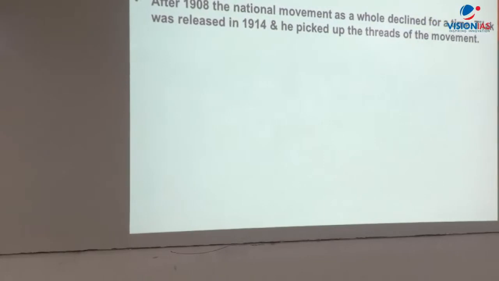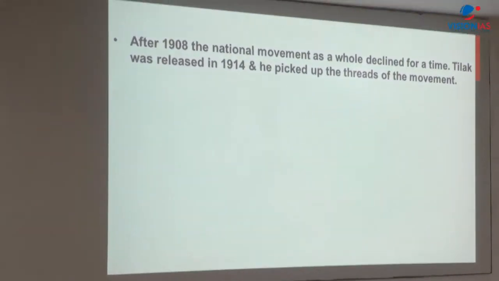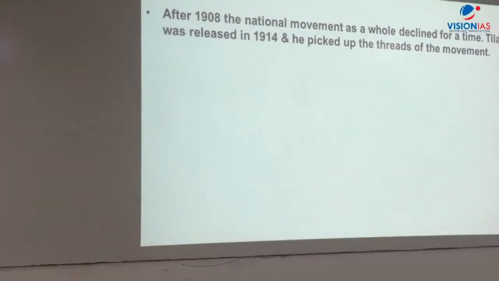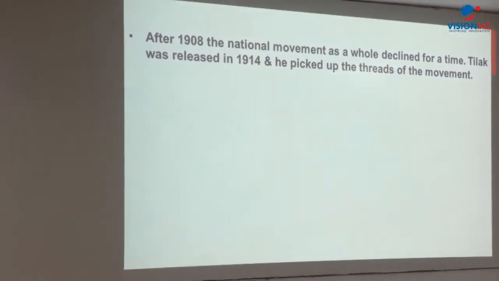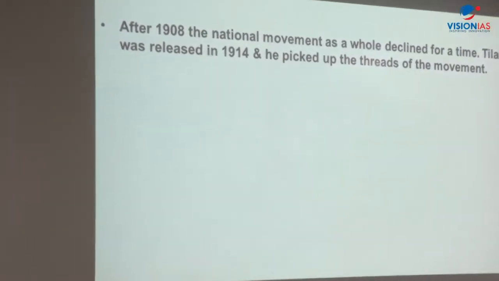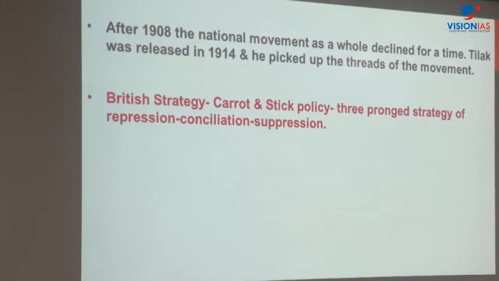But nonetheless. So after 1908, a direct impact of the Surat split was that the movement suffered a decline, and that was to pick up only after Tilak was released from jail in 1914, and there was a reunification of Congress from 1916 onwards. We'll talk about this.